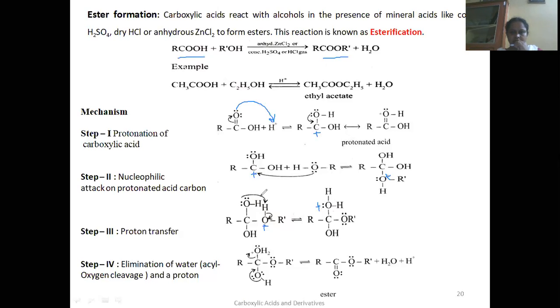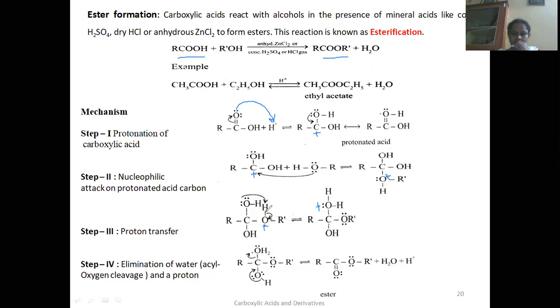Since one lone pair is donated to this hydrogen, the oxygen is left with only one lone pair of electrons. Now, since hydrogen has moved onto this oxygen without electrons, it is moving away.